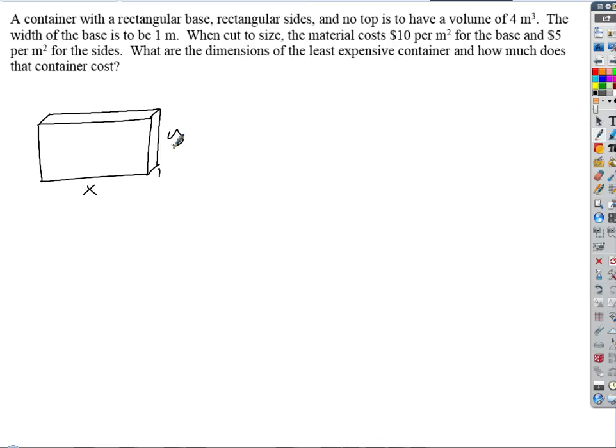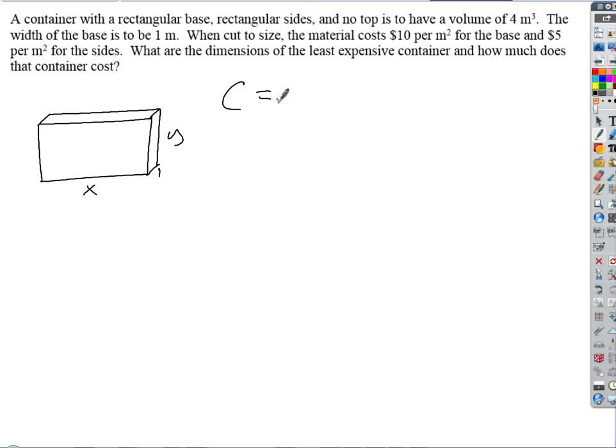What's the primary equation asking for? It's going to be a function for what? Cost. Okay, this is a little strange. So let's look at this primary equation. It's going to be a cost function. And how are we going to do that? If the material for the base costs $10 per square meter, how am I going to write an expression that represents the cost of the base?